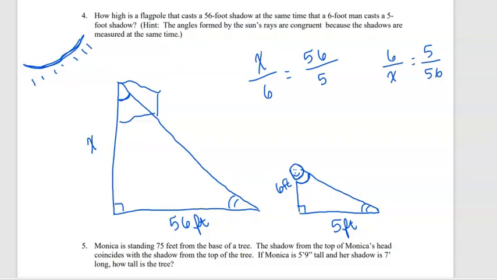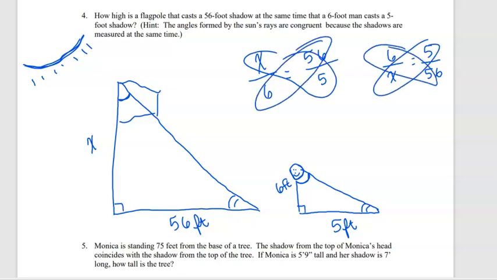And so the way that we solve these ratios is we're going to cross multiply. And notice, in either one of these that I did, you end up multiplying the same thing, 5 and x and 56 and 6. So 5 times x is 5x. 56 times 6 is 336. We then divide by 5.